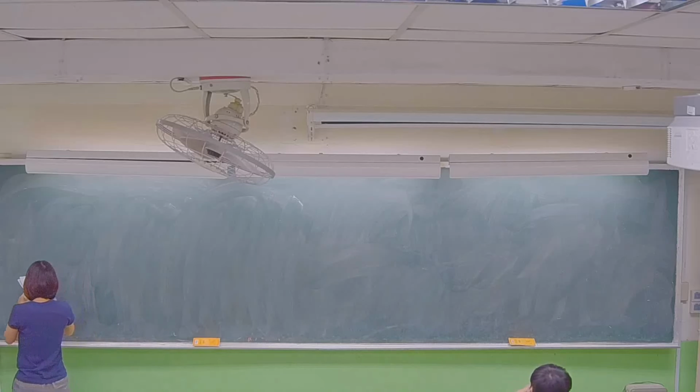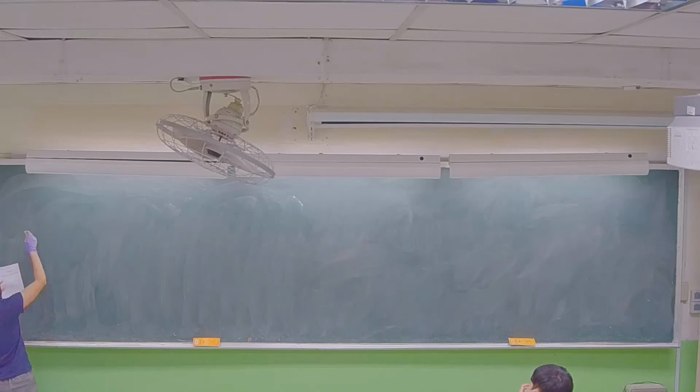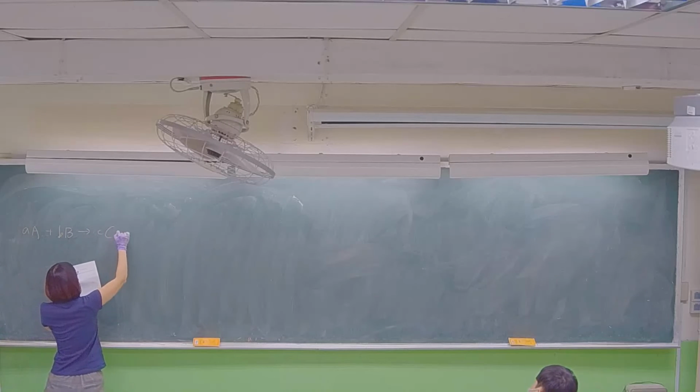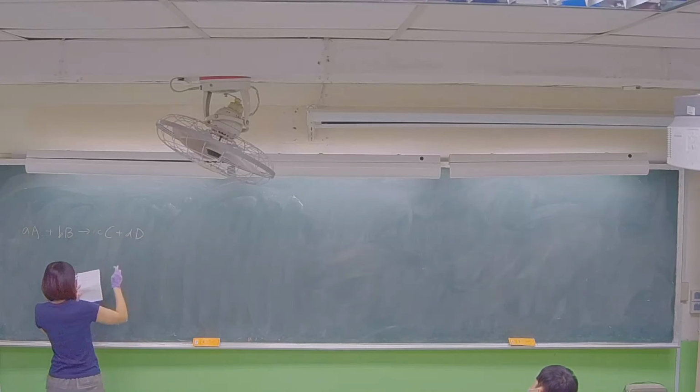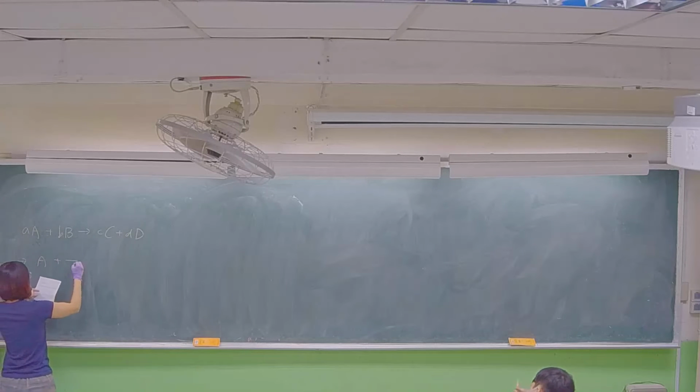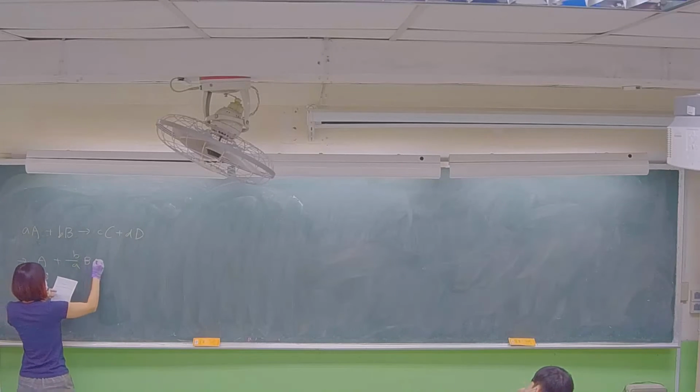Let's consider a general reaction, aA + bB become cC + dD. Normally we will choose the one species with the coefficient 1.